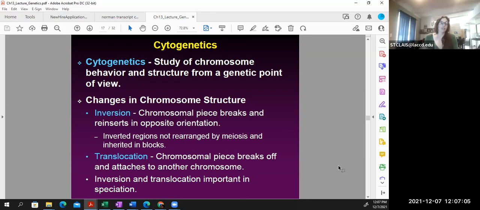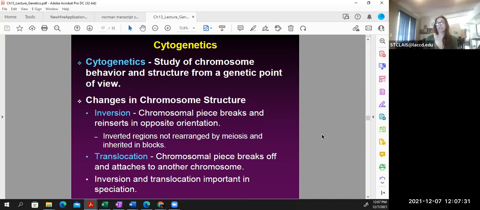So the end of the chromosome would now be located somewhere in the inner part of the chromosome. Okay, so when we have this occur, we don't see crossing over in meiosis because they don't pair well with the homologous chromosome, the other sister chromatid, and for that reason, they're going to be inherited in blocks.